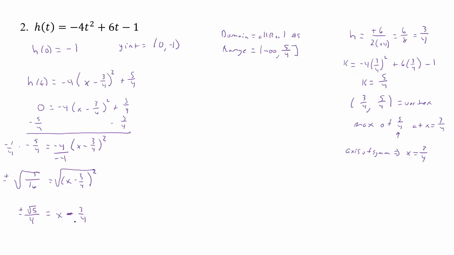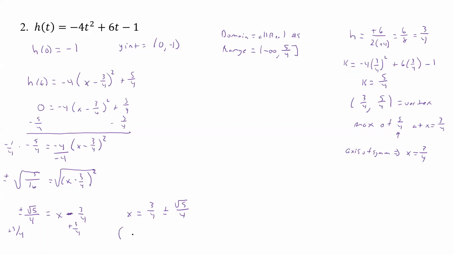So now the last step is add 3/4 to both sides. And so then we get x equals 3/4 plus or minus square root of 5 over 4. Okay. And because we have the radical there, I'm just going to leave it in this form. If we wanted to put it as one fraction, we could have 3 plus or minus square root of 5, over 4. But if we have it like this, it will get us ready to look at values when we have i's in them. So we'll just leave it like this.